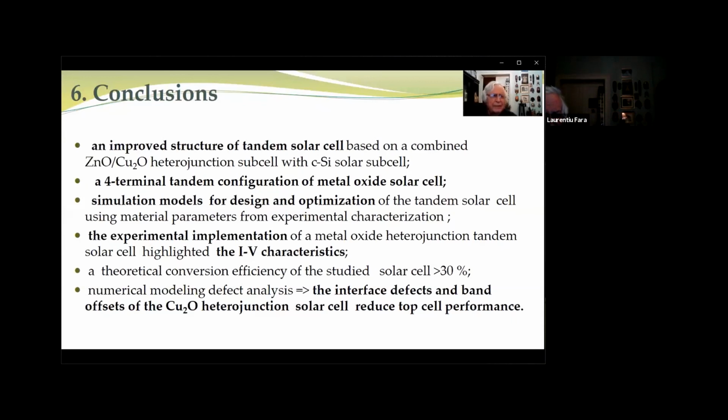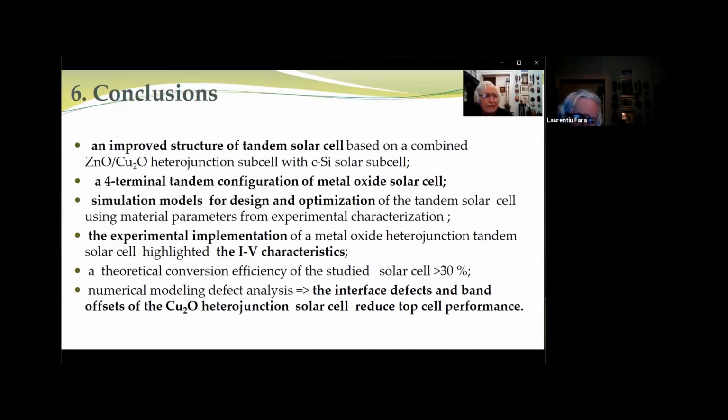Another interesting conclusion is regarding the experimental implementation of metal oxide heterojunction solar cells. And we have highlighted the current voltage characteristic in this case. A theoretical conversion efficiency above 30% could be obtained from the theoretical point of view.